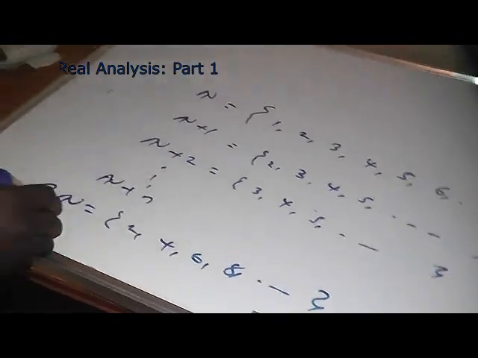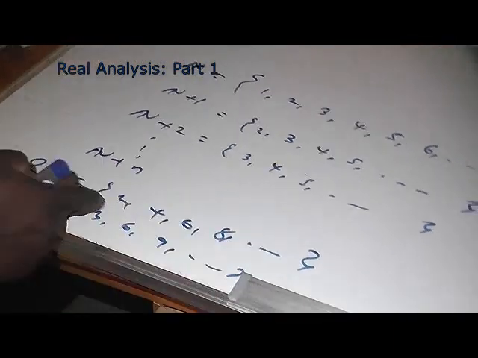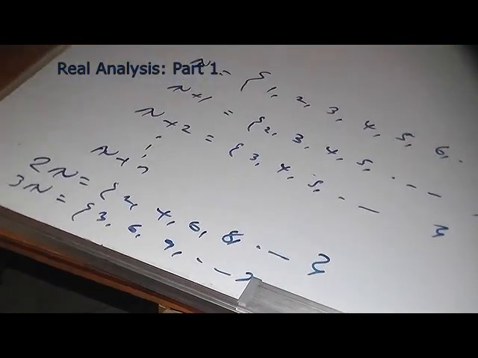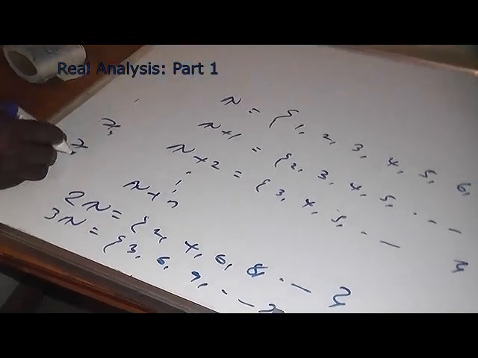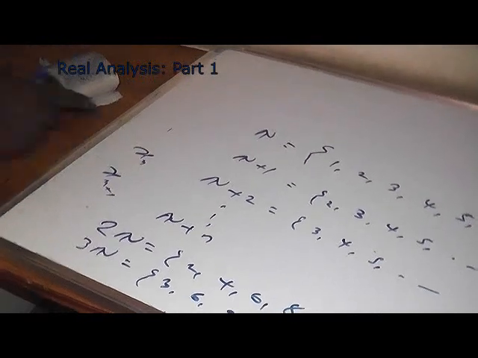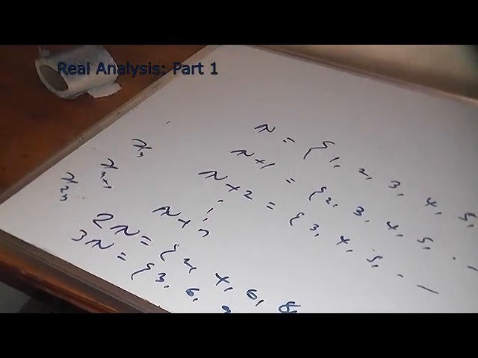If we check 3n, this will give us 3, 6, 9, and so on, each is a subsequence of this. That means if we have xn, then xn plus 1 is a subsequence of this, and x2n is a subsequence of this.